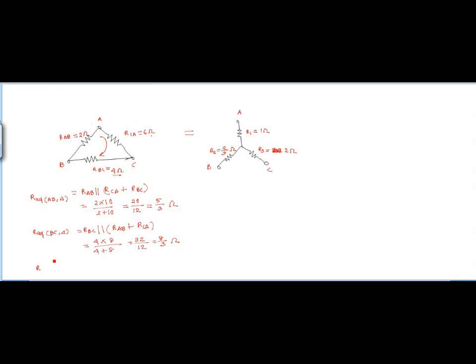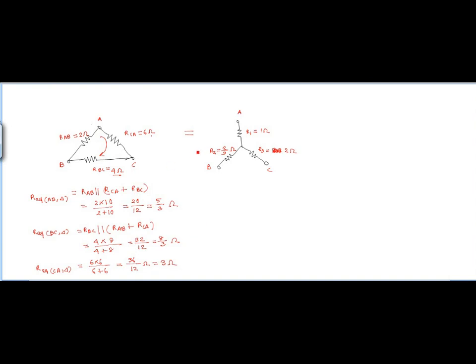Similarly, we will find the equivalent resistance between terminal A and C. For terminal AC, RAB and RBC are in series, parallel with RCA. Now 2 ohm plus 4 ohm is 6 ohm, 6 ohm parallel with 6 ohm. 6 into 6 by 6 plus 6, 36 divided by 12 ohm, equal to 3 ohm.